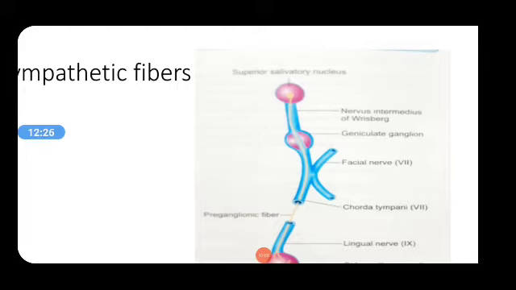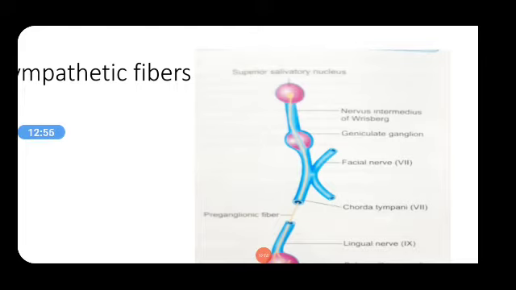After taking origin from this nucleus, these preganglionic fibers run through the nervus intermedius of Wrisberg, the geniculate ganglion and the motor fibers of the facial nerve, chorda tympani branch of the facial nerve and the lingual branch of the trigeminal nerve, and finally reach the submaxillary ganglion.